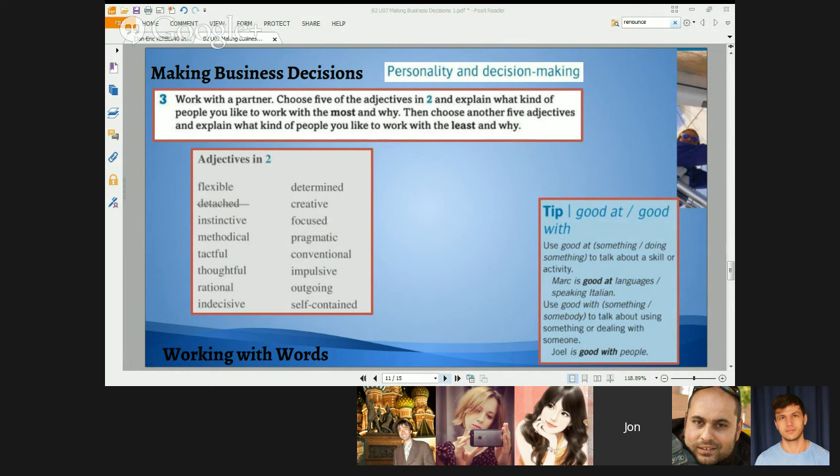For example, I think focused people tend to stay on task and get the job done faster. So instead of talking about yourself, put the focus on the people that you're describing. Do you see what I mean? Because it'll sound a little more natural that way, and it'll flow a little bit better. So take the focus off of yourself, put it onto the person you're describing.